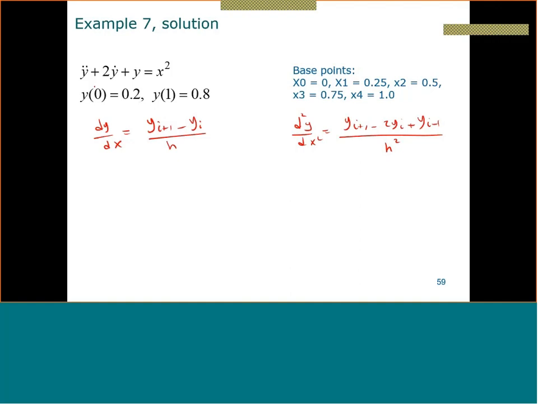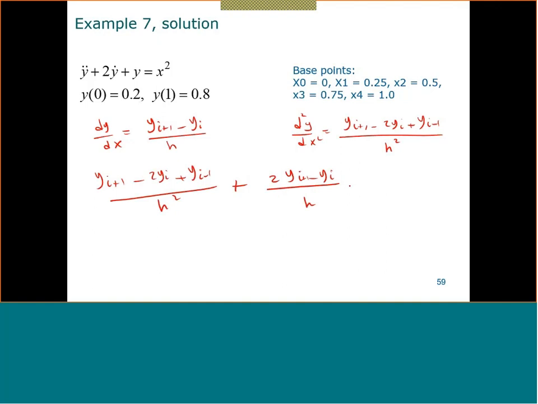So we'll have y_{i+1} minus 2y_i plus y_{i-1} divided by h squared, plus 2 times (y_{i+1} minus y_i) divided by h, plus y_i equal to x_i squared. So this is the equation now that we will have.